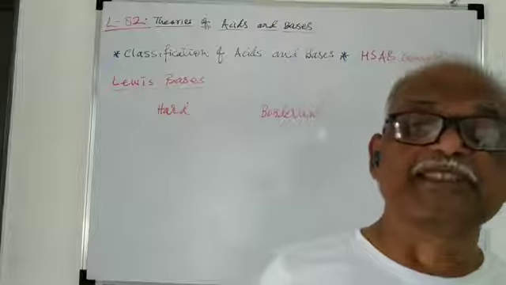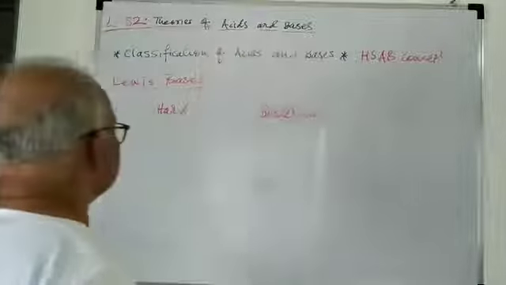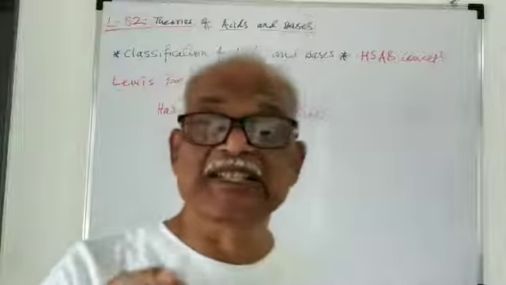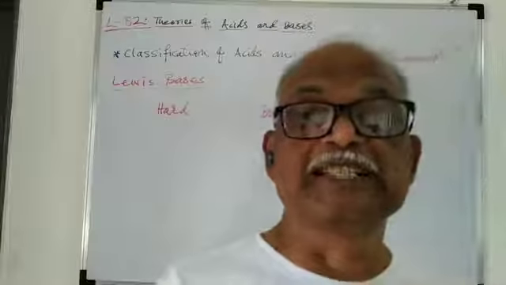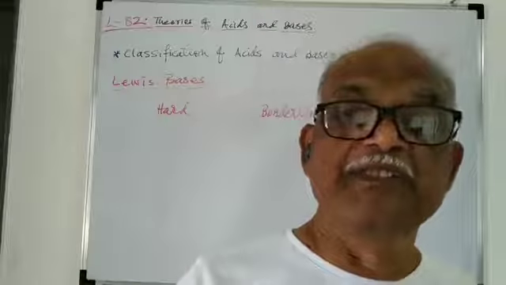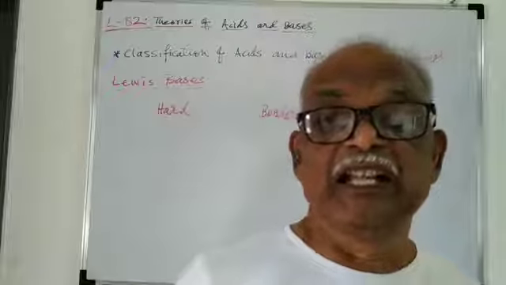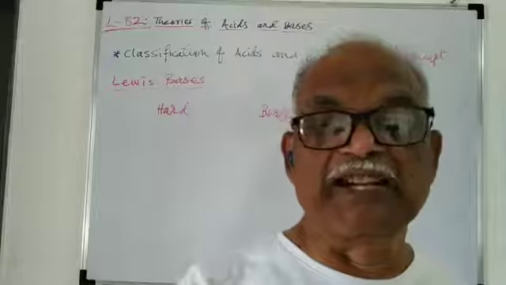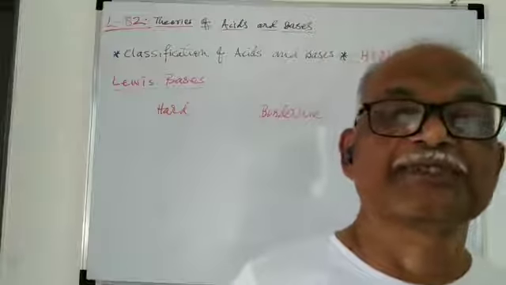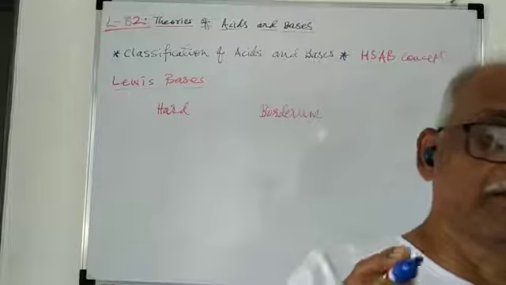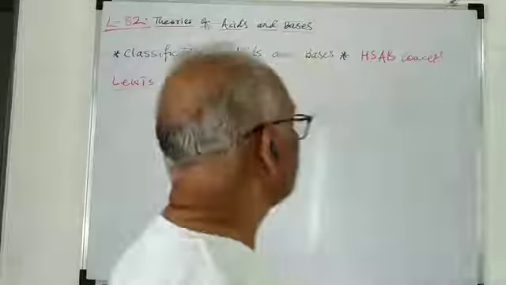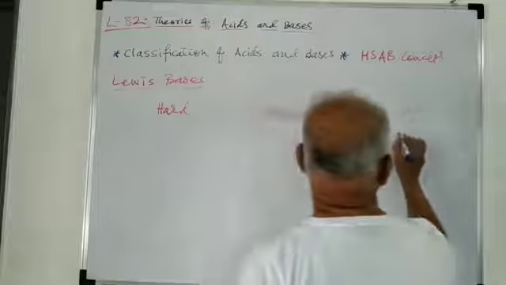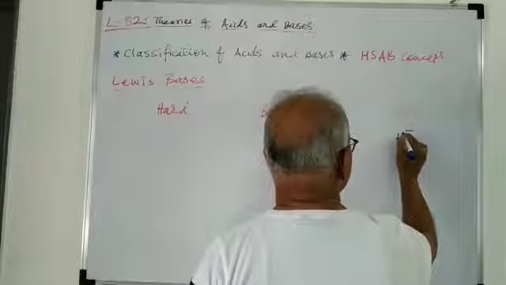First of all, we will see these Lewis bases. If we consider the first element of the periodic table, which is hydrogen, the Lewis base of this hydrogen element is H minus. So this H minus is grouped into the soft category.